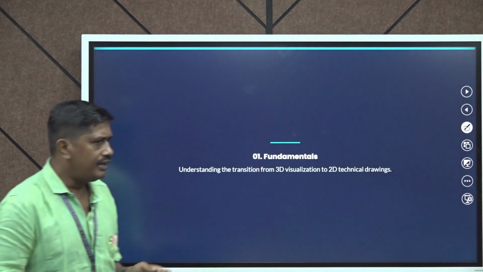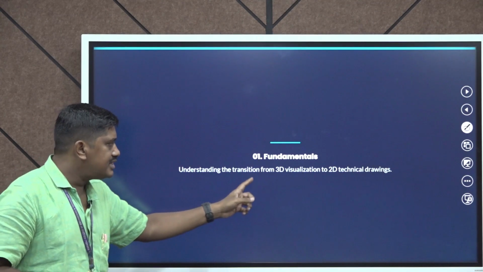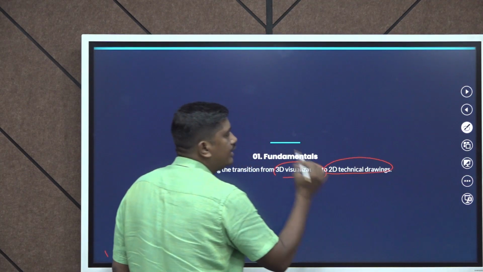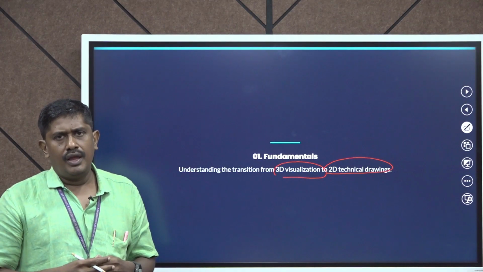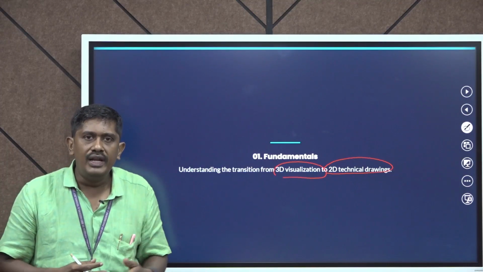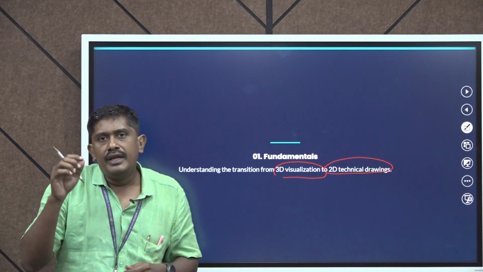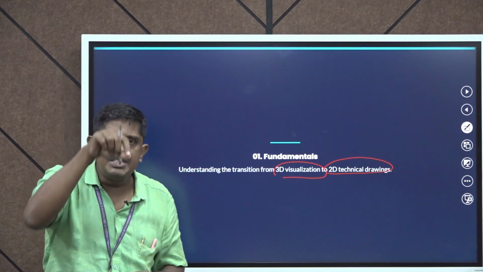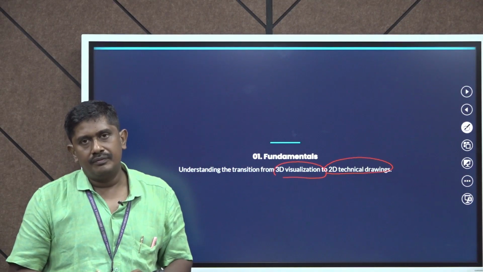And fundamentally, why we require this is understanding the transition from 3D visualization to 2D technical diagram. Why is it required? Nowadays, most of the industries are using only 3-dimensional CAD modeling software, and on the shop floor, most of the persons working on the machines only read the 2-dimensional drawing.